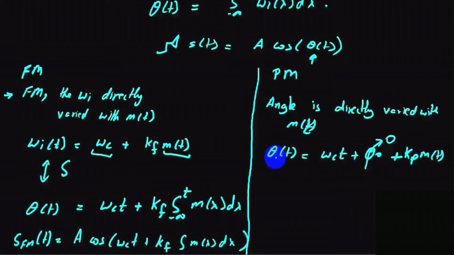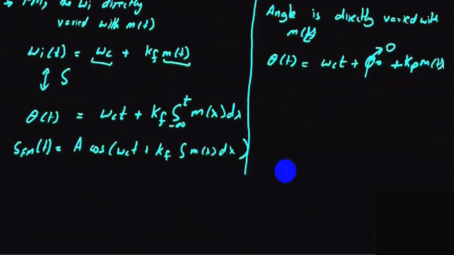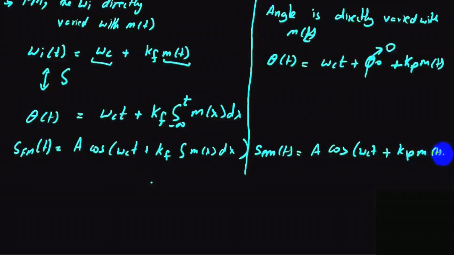So in short, when we send a PM modulated signal, we would have a constant amplitude multiplied by cos of omega c t plus kp m of t, right? So this is the basic difference between the two.